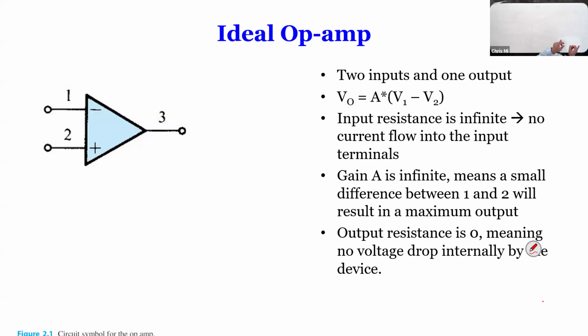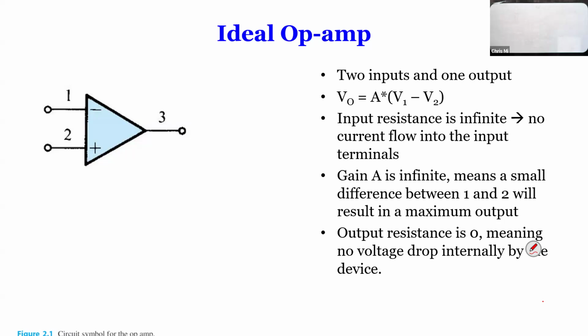When you learned mathematics, you remember how you take limits? Like x over sine x, when x approaches 0, what happens? Both go to 0, and then you get 1, right? That's how it works here. When you get infinity times something that approaches 0, if they are of the same order, you actually get a constant. So if A is infinity, the voltage between 1 and 2 has to be 0 or close to 0.